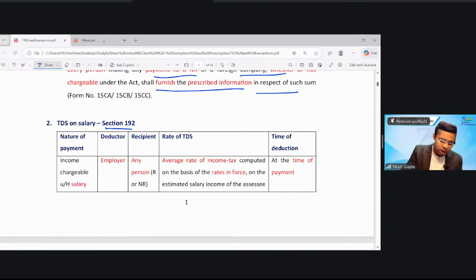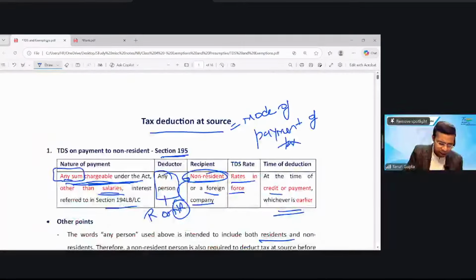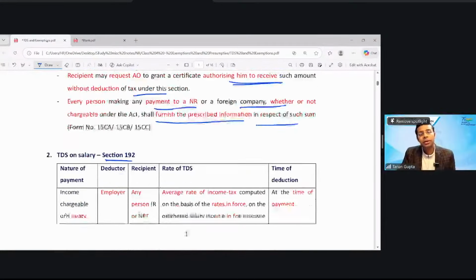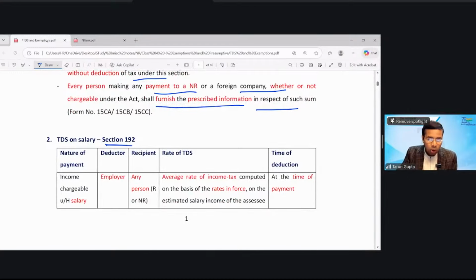So though section 195 says any sum chargeable other than salaries, even if it had not said so, still TDS on salaries shall be deducted under section 192. Why? Because in case of 192, which we have already studied, the recipient is any person, meaning R or NR. So whether the employee is R or NR is not relevant.